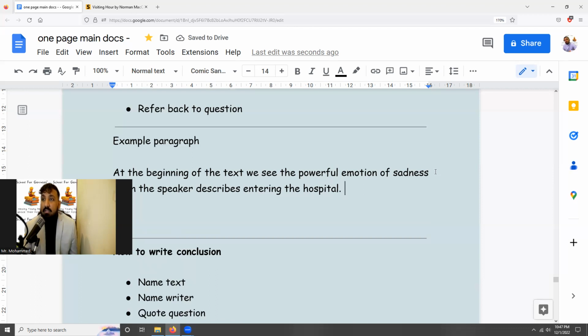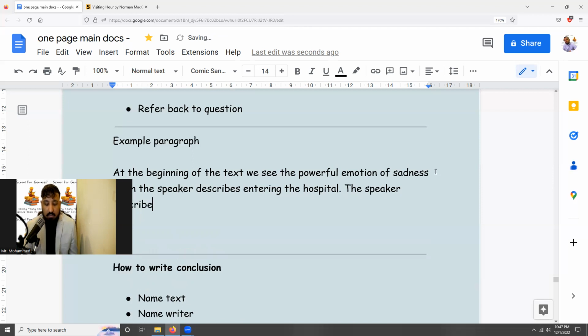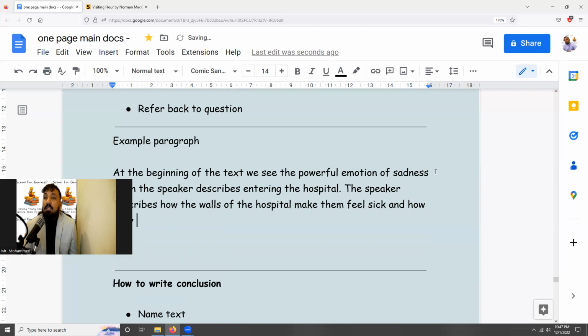Now I give my context. The speaker describes how the walls of the hospital make them feel sick, and how they see reminders of death.